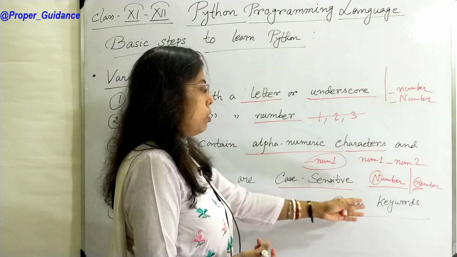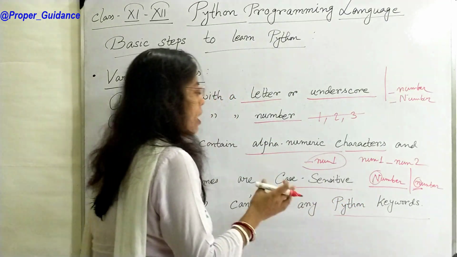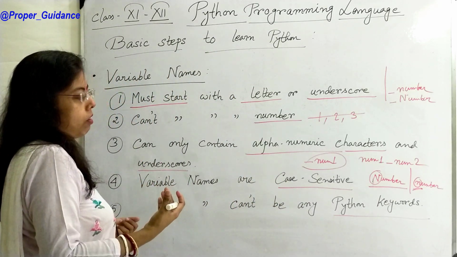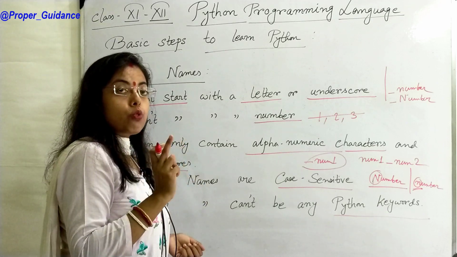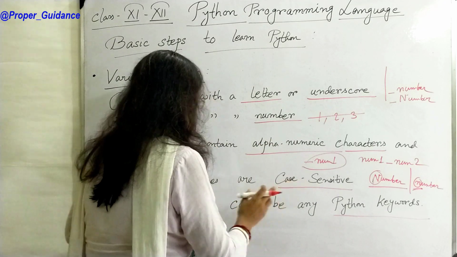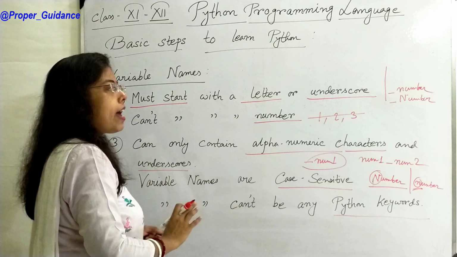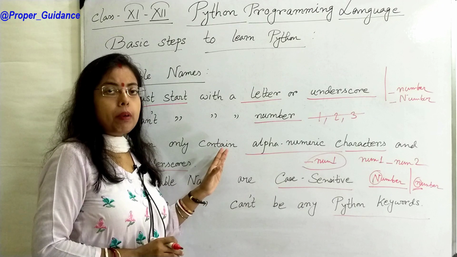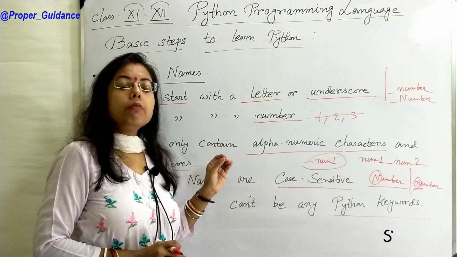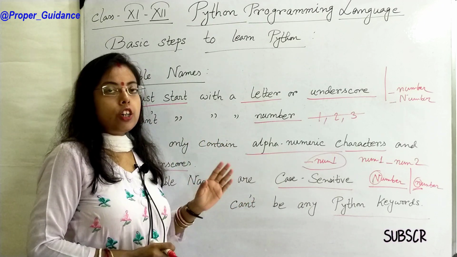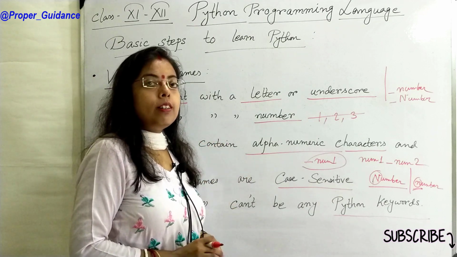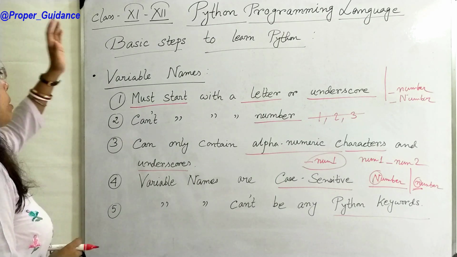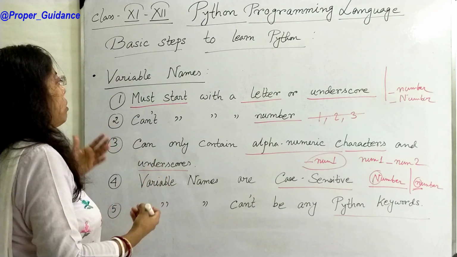Here also we use some keywords in Python, and when words are used as keywords, we can't use that particular keyword as a variable name. This is applicable for more or less all programming languages. So these are very basic steps for taking a variable.